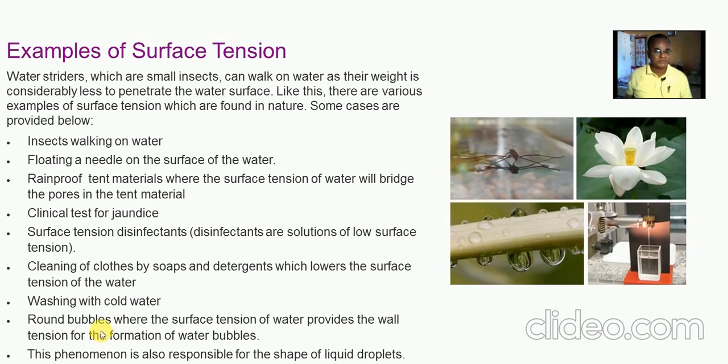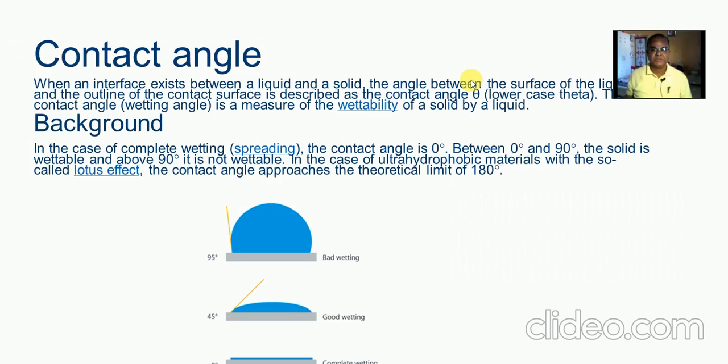Round bubbles, where the surface tension of water provides the wall tension for the formation of water bubbles, are another example. This phenomenon is also responsible for the shape of liquid droplets. These are the different examples related to surface tension.